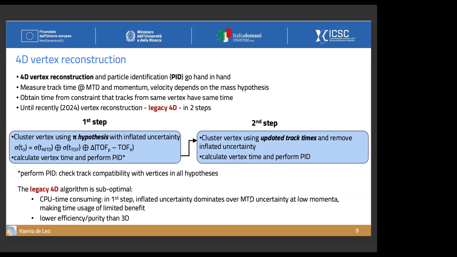So for low momentum particles, this inflated uncertainty dominates and basically makes the use of timing of limited use. Moreover, some studies showed that this legacy 4D vertex reconstruction performed worse than the standard 3D vertexing.